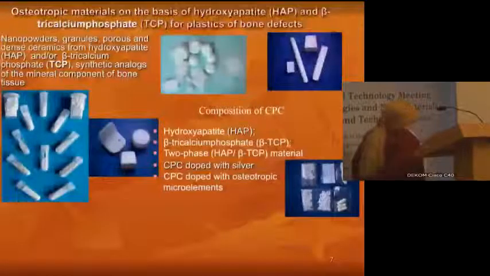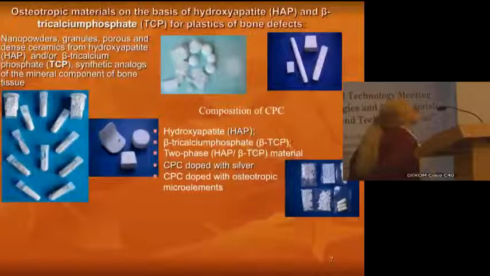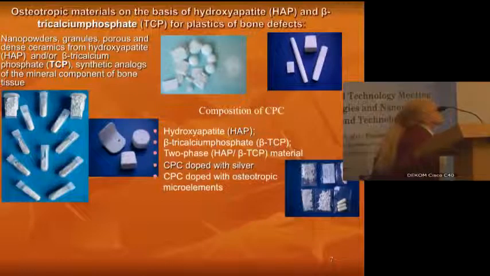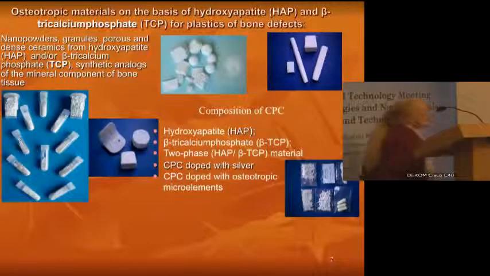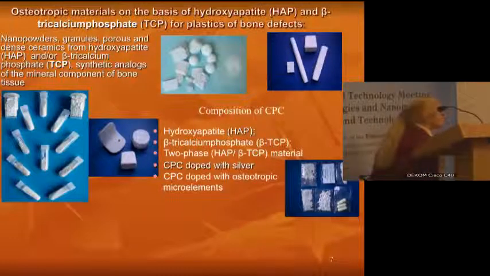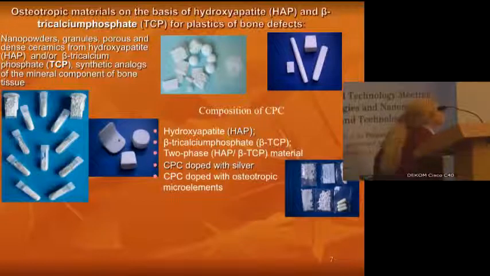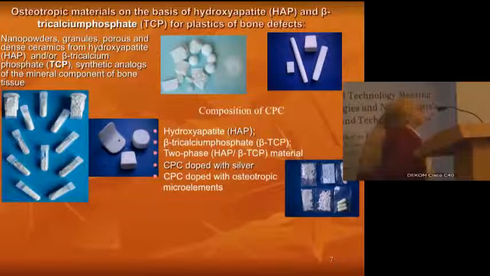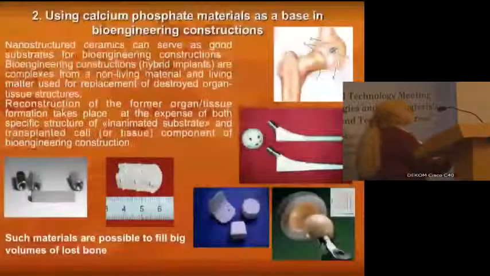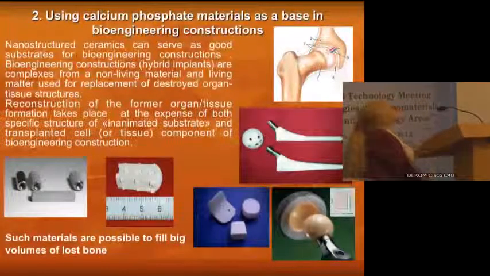I will just tell you that this is a product that we offer. It's a complex composite comprised of various balances of hydroxyapatite and tricalcium phosphate, which is a two-phase composite, and a couple of other interesting materials, complex compositions doped by silver, and even some of them contain osteotropic microelements.